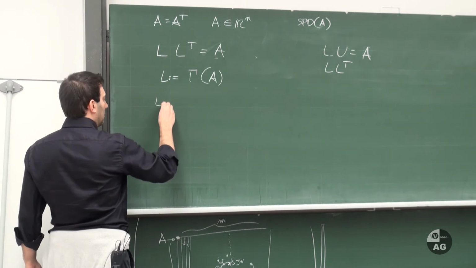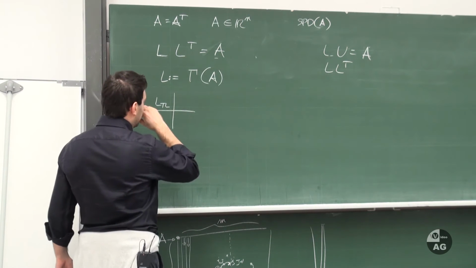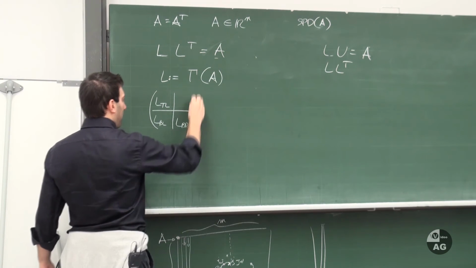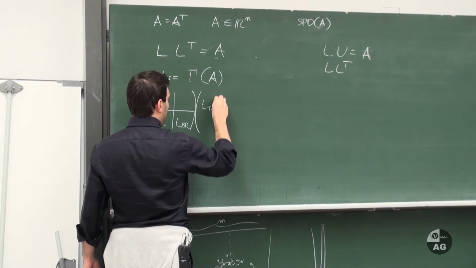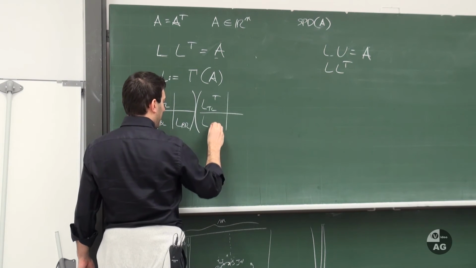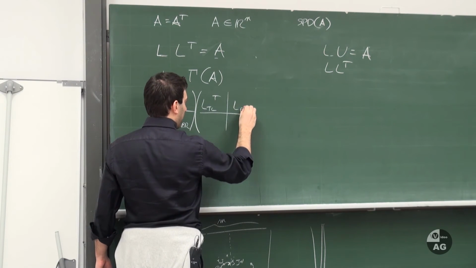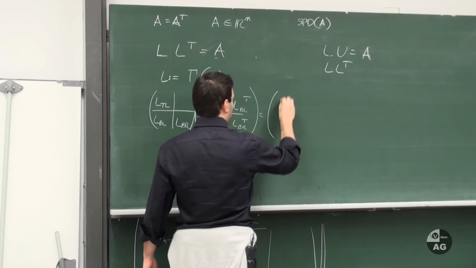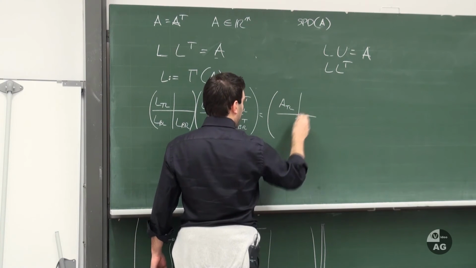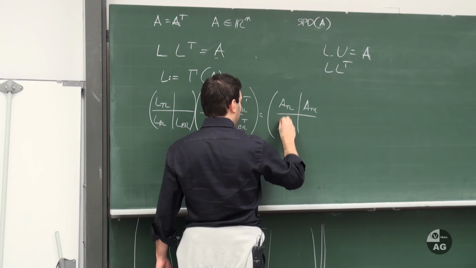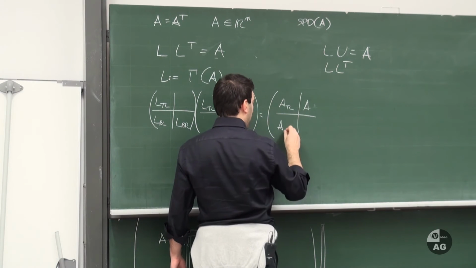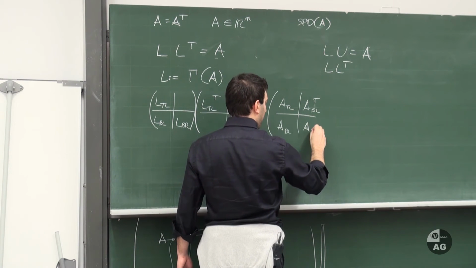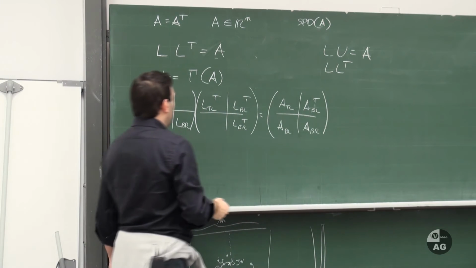How do we do this? We partition everything. What did I do?